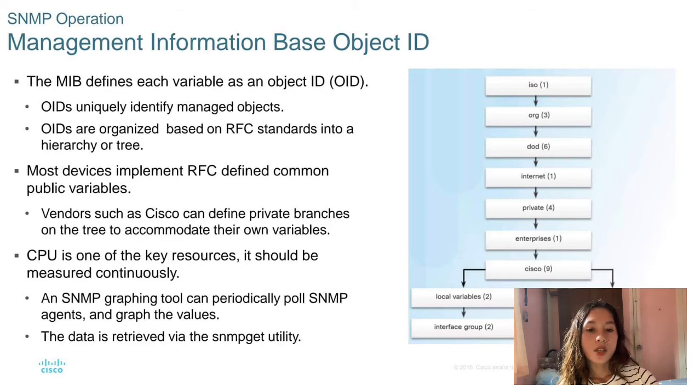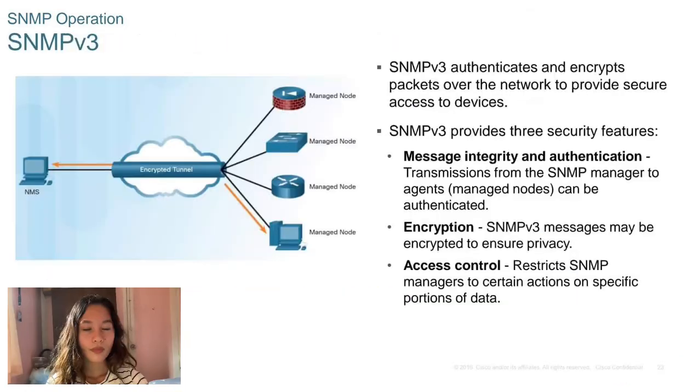Vendors such as Cisco can define private branches on the tree to accommodate their own variables. CPU is one of the key resources. It should be measured continuously. An SNMP graphing tool can periodically poll SNMP agents and graph the values. The data is retrieved via the SNMP GET utility.